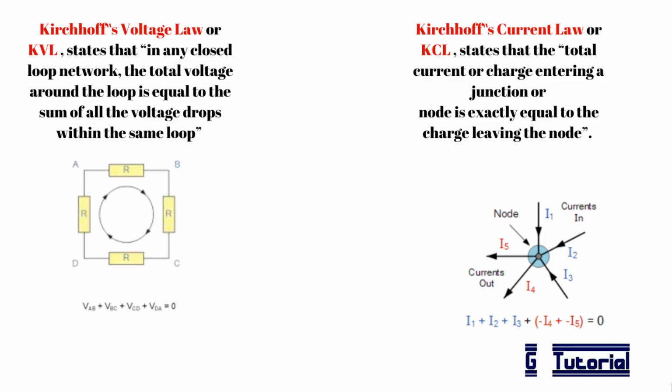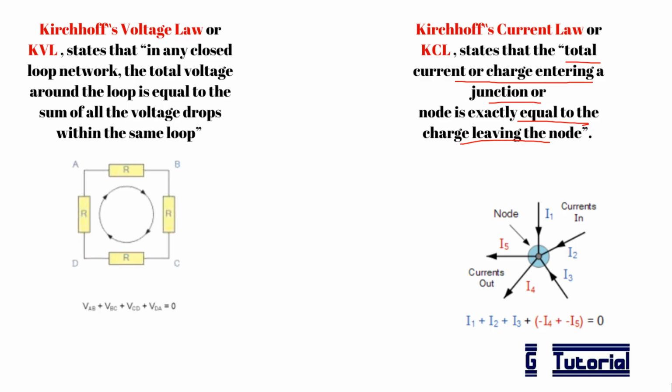Kirchhoff's current law or KCL states that the total current or charge entering a junction is equal to the charge or current leaving the node. Here we can see I1, I2 and I3 are the currents entering the node, and I4 and I5 are the currents leaving the node.